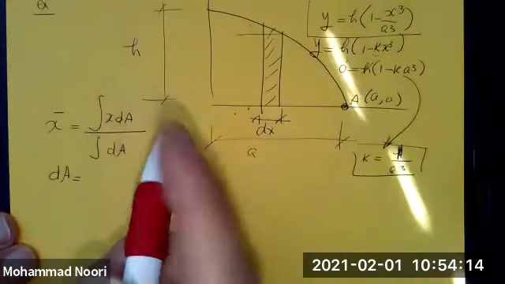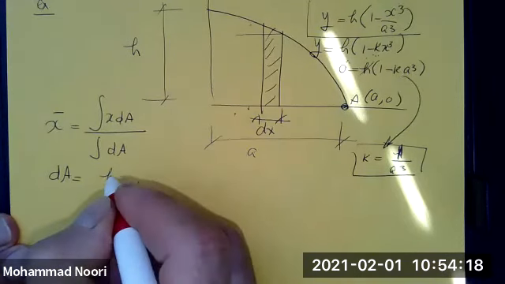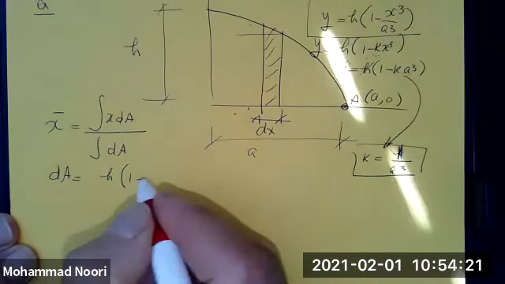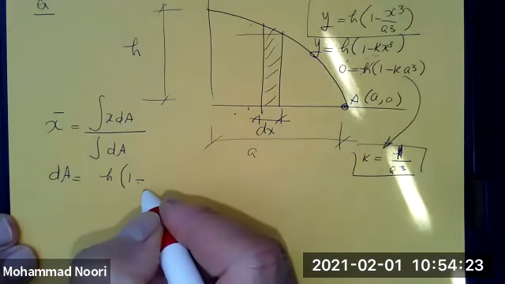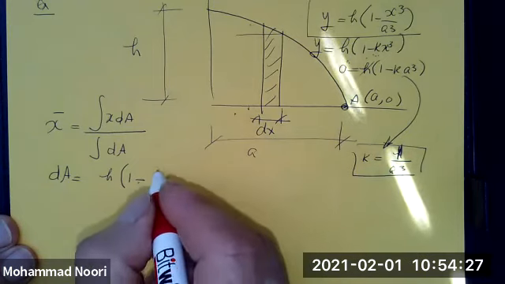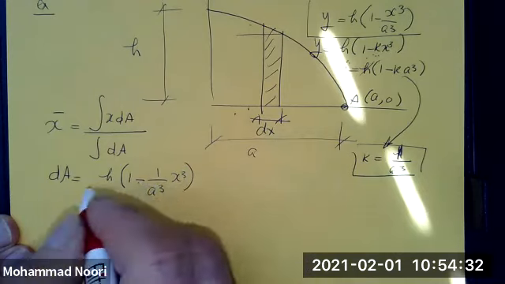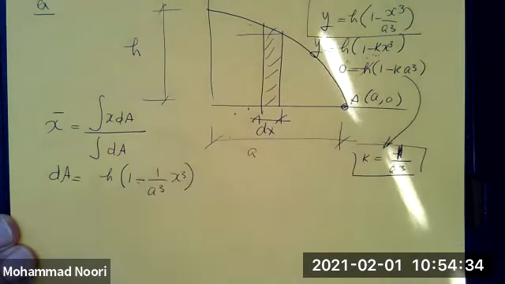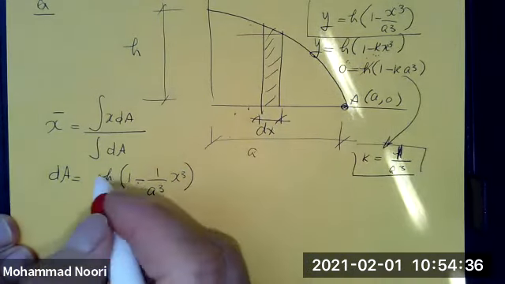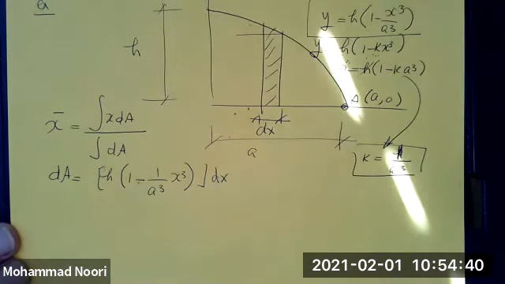So dA would be what? dA would be h times (1 minus 1 over a cubed times x cubed) times dx. You follow me? Any questions?